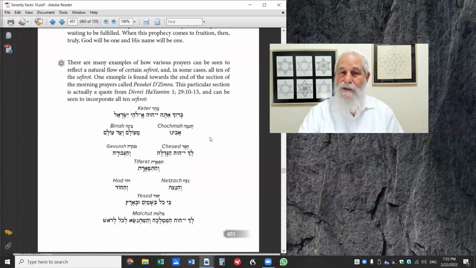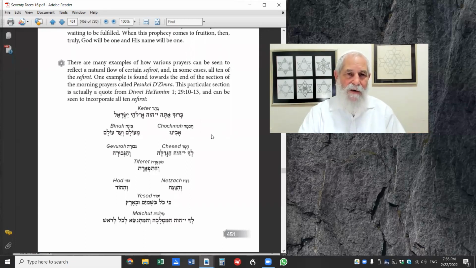This is one of the ones we discussed in our very first class. This is from Divrei Hayamim, and it goes through the Sefirot. I'll read it in Hebrew.